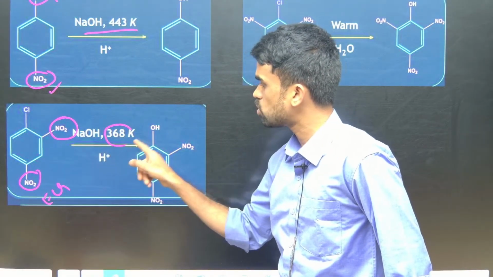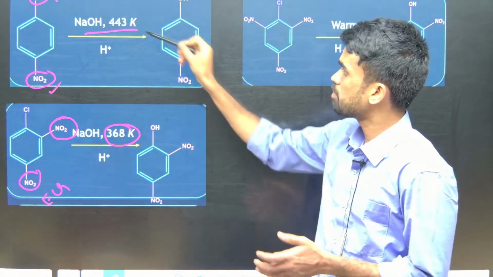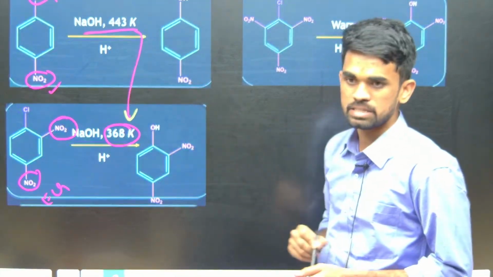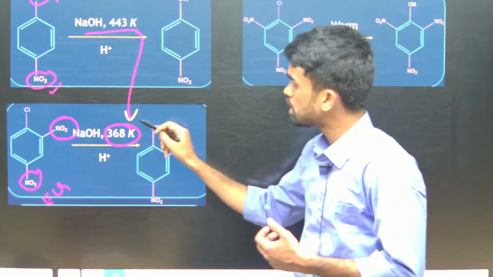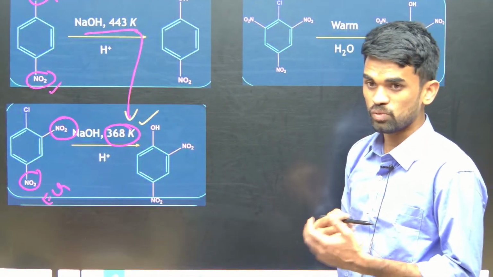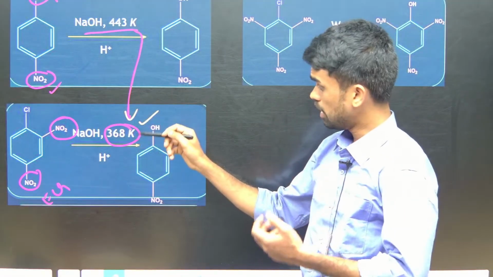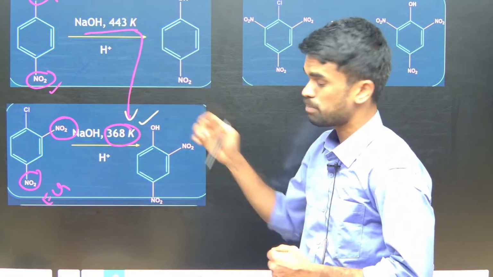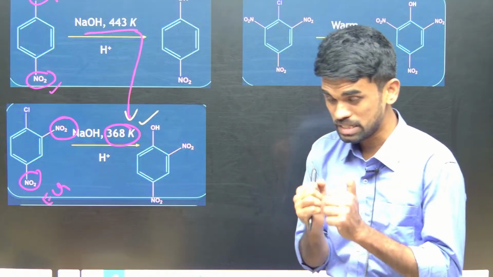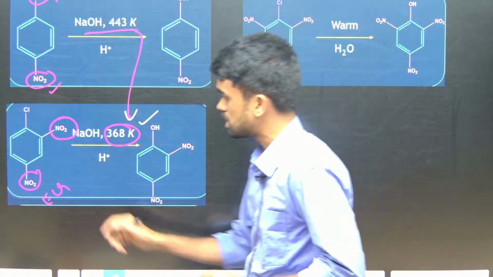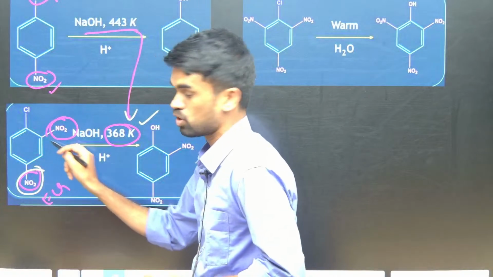The reaction is taking place at a lowered temperature. So even at lower temperature the reaction takes place, whereas we know the reaction generally requires higher temperature. Even if you decrease the temperature the reaction is taking place. What is the reason behind this? The reason is we have two electron withdrawing groups here.